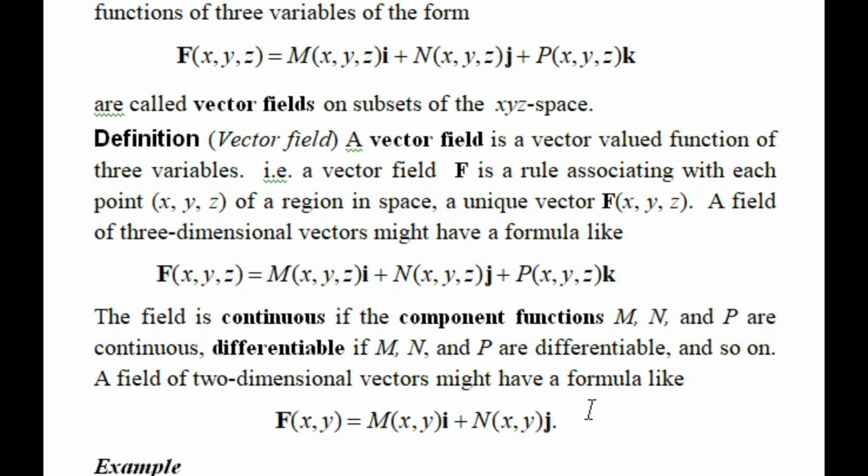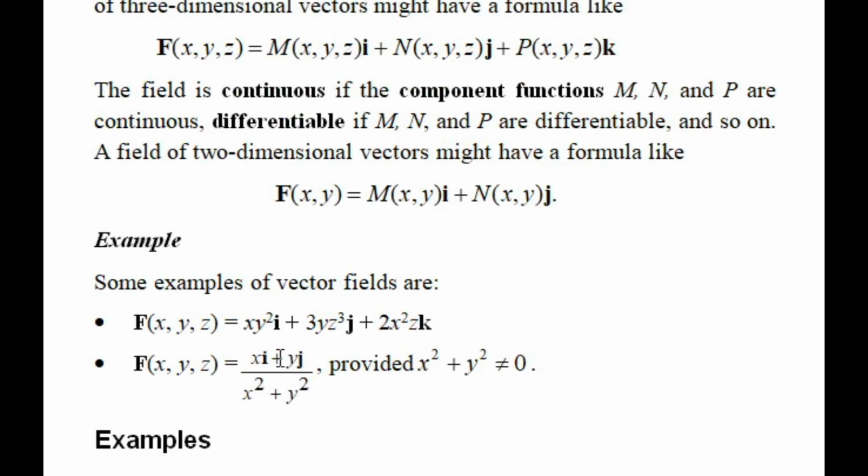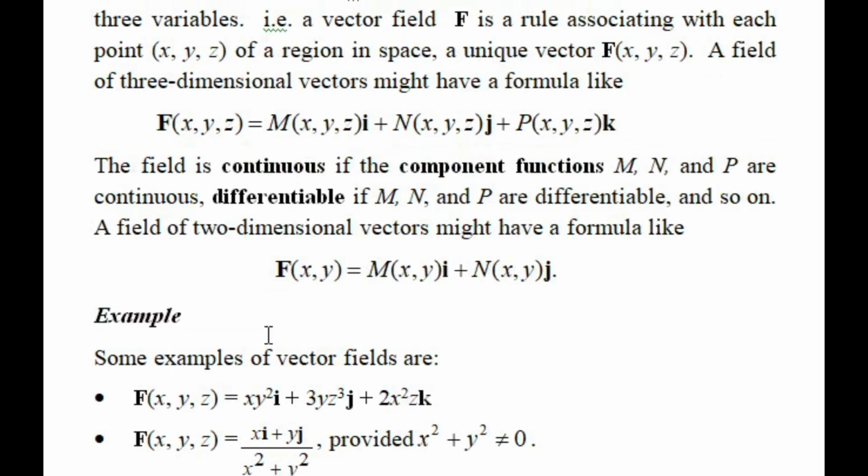As mentioned earlier, if there are only two components ordered over xy, then we get a vector field involving i and j alone. Some examples of vector fields are f of xyz equal to xy square i plus 3yz cube j plus 2x square z k. You compare this with the definition.